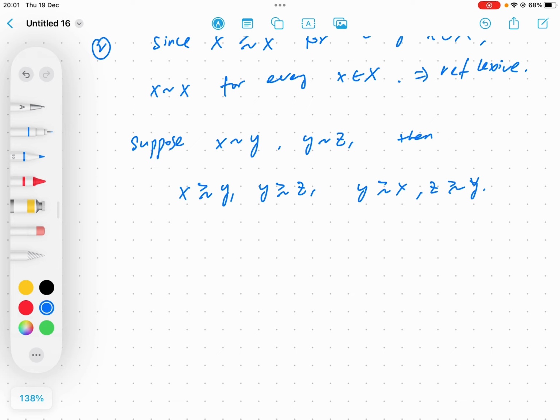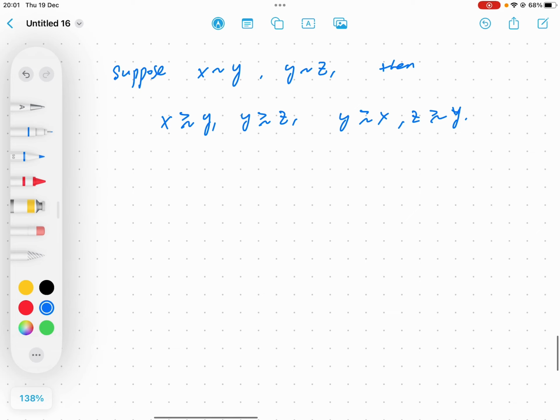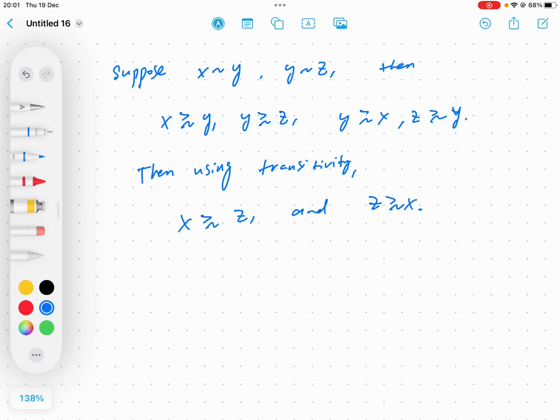All right, then we can use the transitivity. So this will become x is weakly preferred to z, and z is weakly preferred to x. Okay, so x is indifferent to z, and this is transitive.